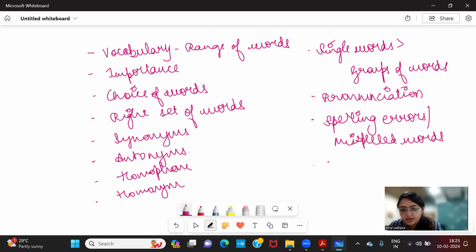And the last two things, we saw stress and rhythm, that is basically the syllables and how we need to provide emphasis based on the number of syllables.